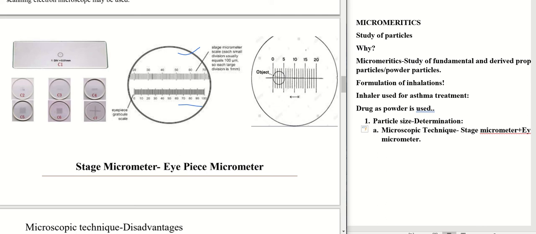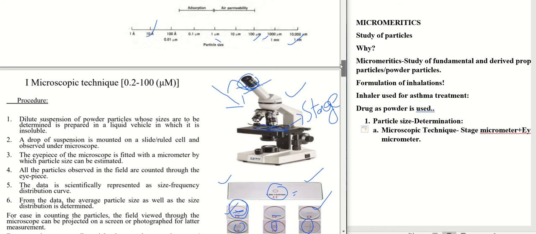Before we start with the experiment, we need to calibrate the instrument, just like we do for other instruments before experimentation. So how can we calibrate this one? It is very simple. We need to move the stage. How can we move the stage?